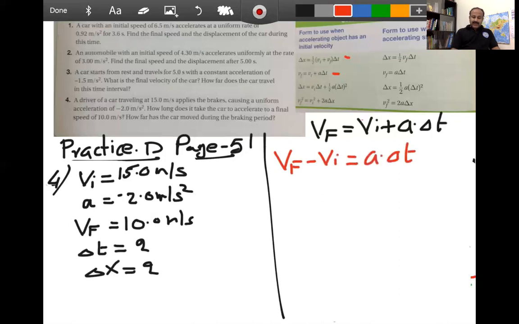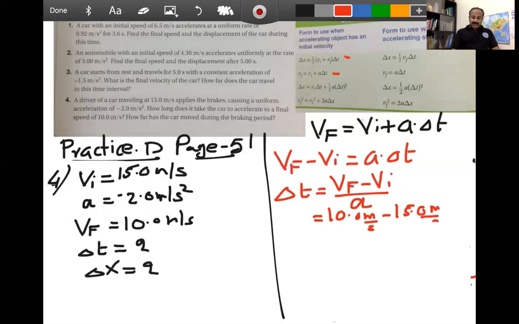Therefore delta t will be equal to Vf minus Vi divided by a. So that's equal to, what's the value of Vf? 10 meter per second, minus, what's the value of Vi? 15 meter per second. The whole divided by acceleration, which is minus 2.0 meter per second square.